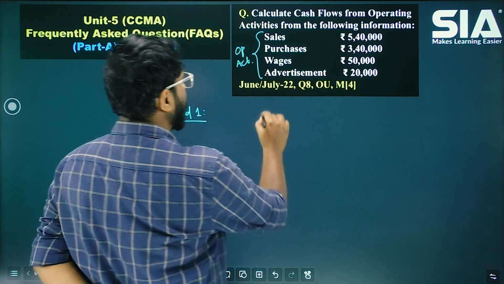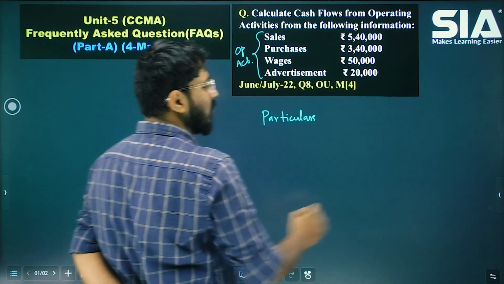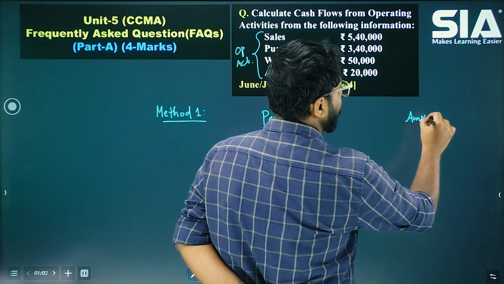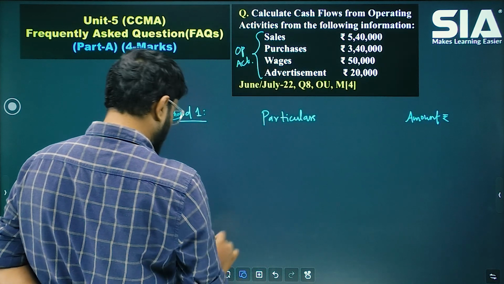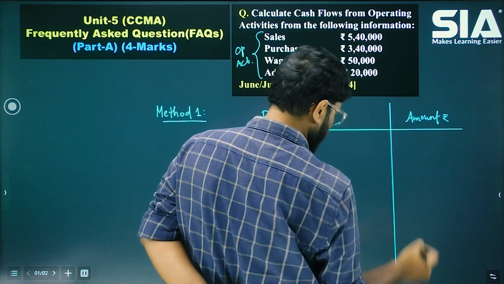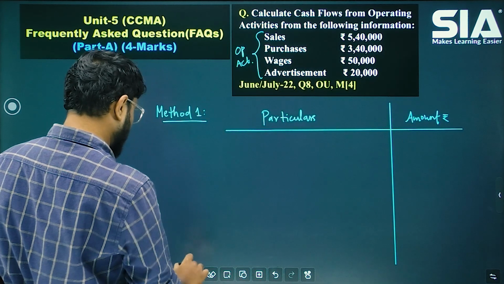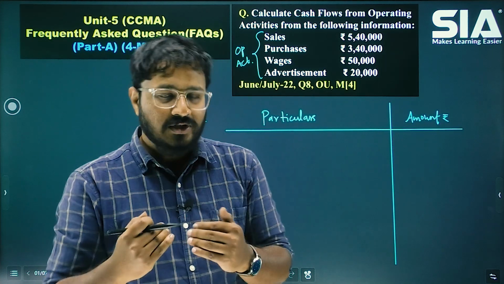I'm drawing a small format here. I need particulars and amount, that's it. First, try to write the cash inflows.